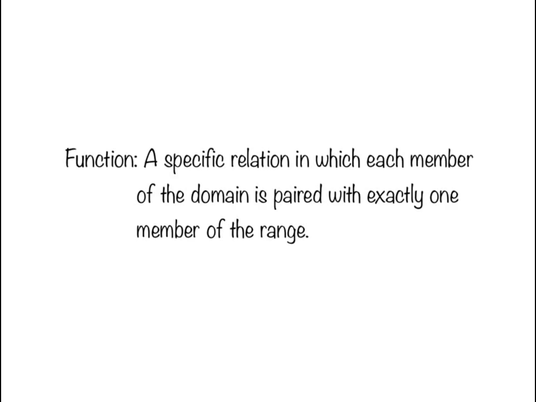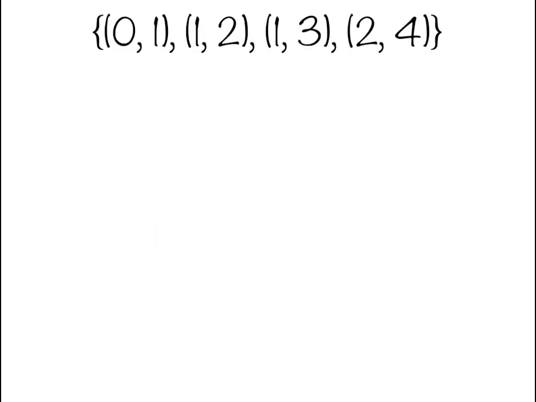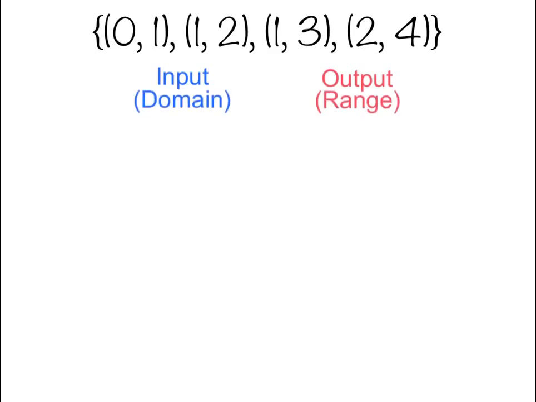In order to determine whether we have a function, we'll go ahead and use what's called a mapping diagram. Here's a set of data we'll use. And within the textbook, the mapping diagram will actually have it labeled as input and output, but it can also be labeled as domain and range.